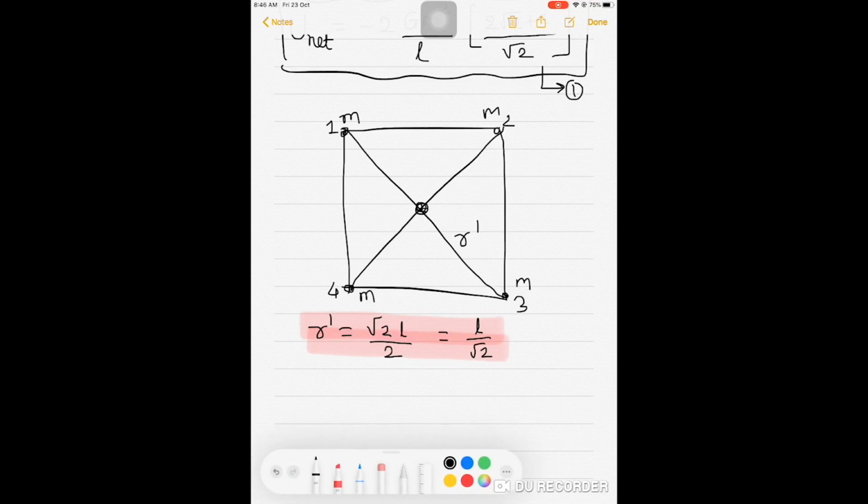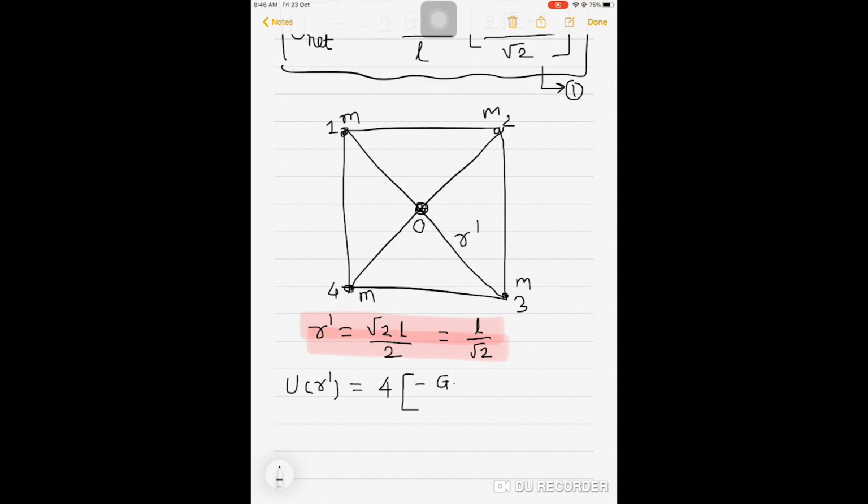So we can say that suppose at center O, the potential energy would be U at r dash from all particles, that will be 4 times, how much, we can say that minus G m over L upon root 2.